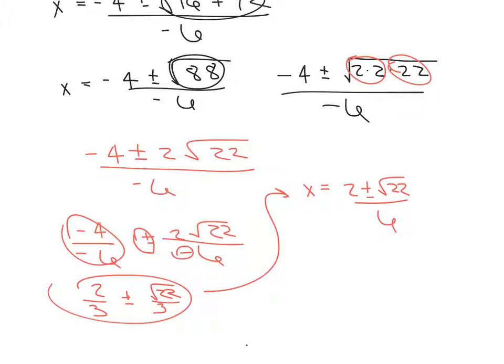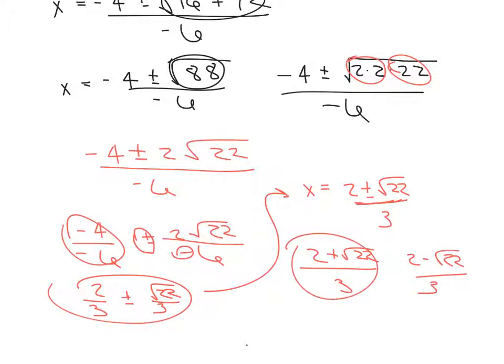Or I'm sorry, over 3. So if for some reason you want to graph these points, 2 plus the square root of 22 all over 3, and 2 minus the square root of 22 over 3.